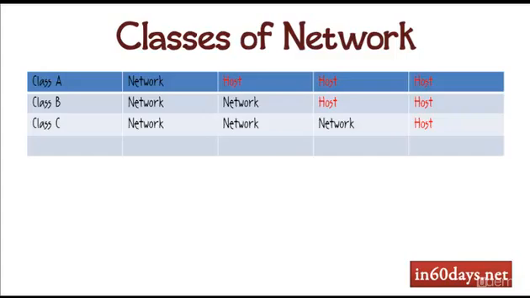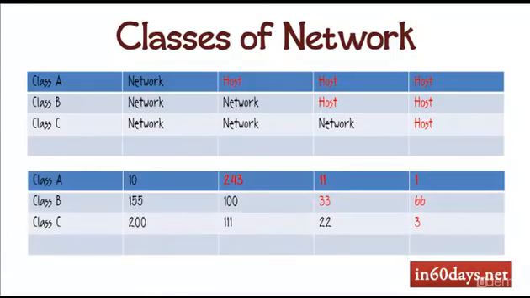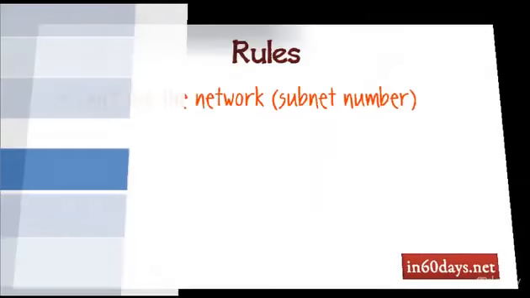And then Class C, we've got loads and loads of networks but only the last octet is available for hosts. So examples of addresses: Class A, 10 would be the network address, and then 243.11.1 is your host. And going down to Class C, 200.111.22 is your network, and .3 is your host on that network.